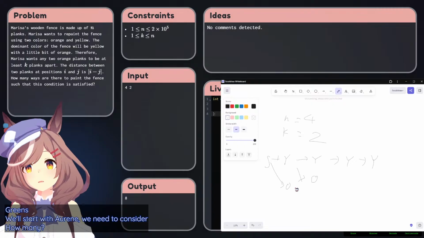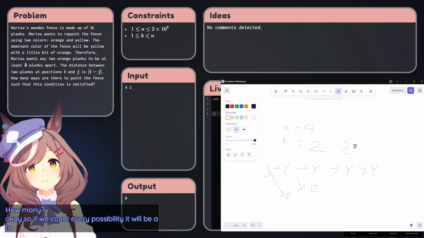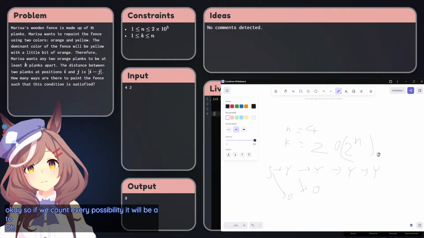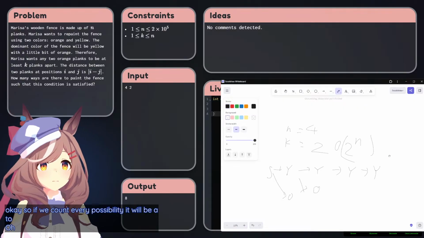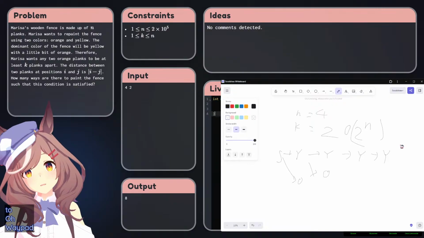If we count every possibility, it will be 2 to the power of n ways, which is very bad. So we need to count it efficiently.